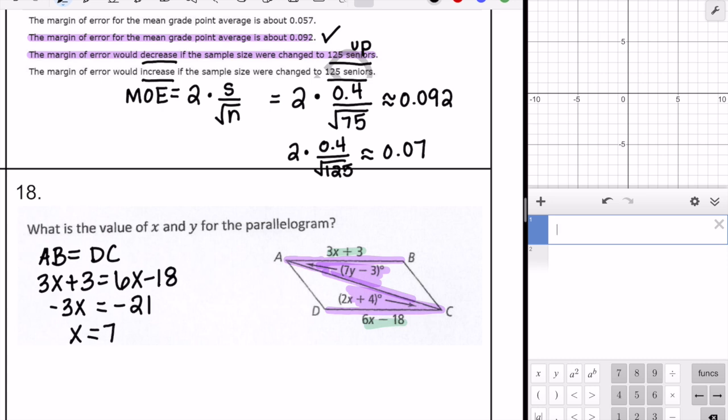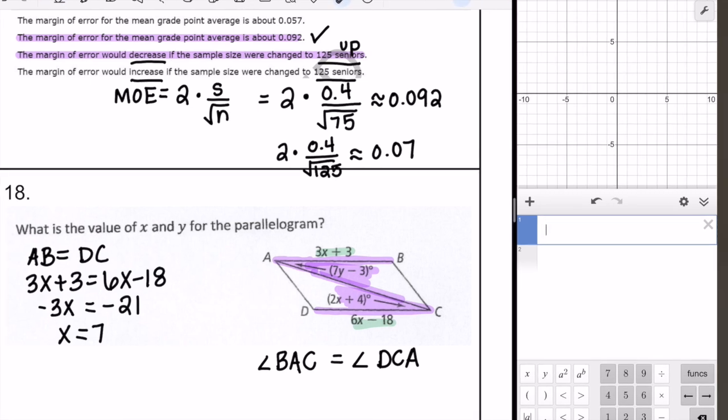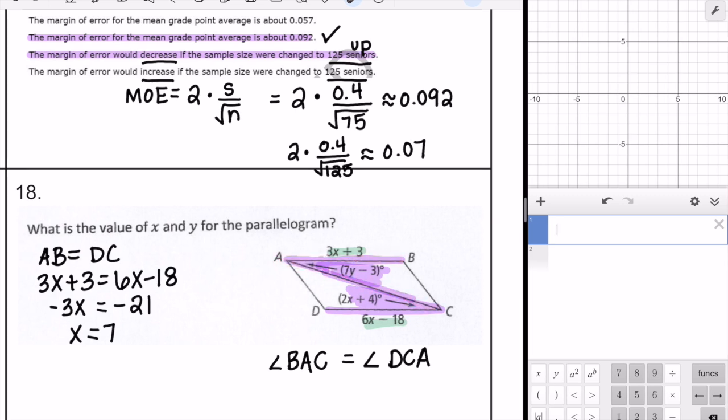So why would I need that? Well, I need that because now I know the angle BAC is equal to angle DCA. So BAC, so B to A to C, is 7y minus 3.